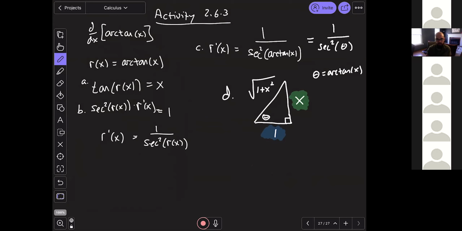If we go back to our activity, the activity says, in terms of x and 1, what is the value of cosine of arctangent of x? In part E, it's asking us effectively, what is cosine of theta? So why do I care about cosine of theta? There's no cosines in here.